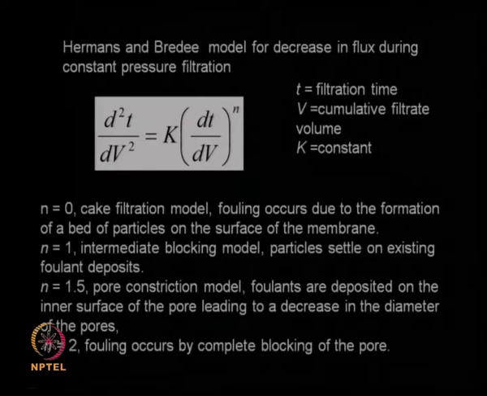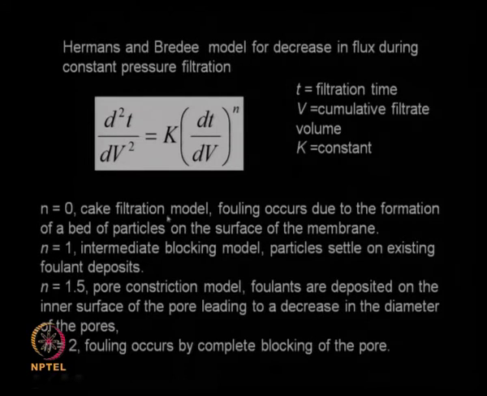There we take n equal to 1.5. Now if fouling occurs by complete blocking of the pore, then n becomes 2. So you see, we can put different n values depending upon the type of model or assumptions one considers.